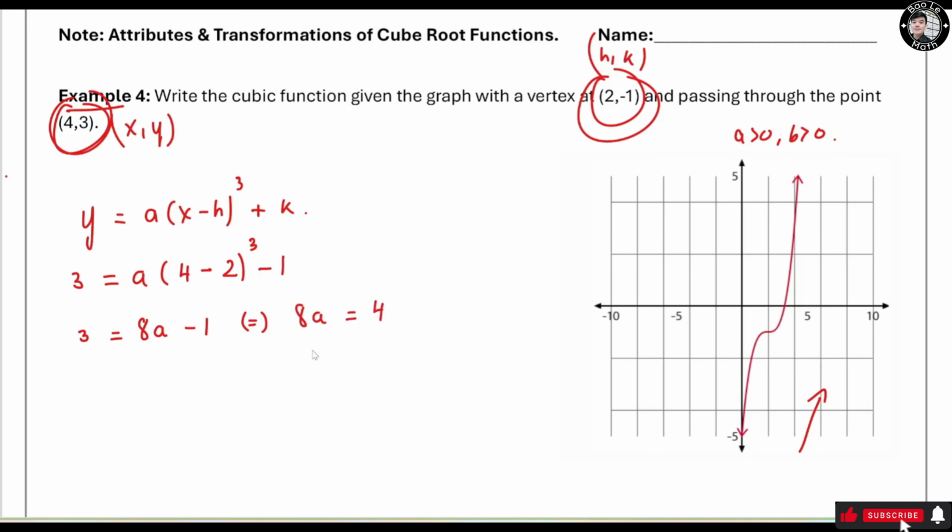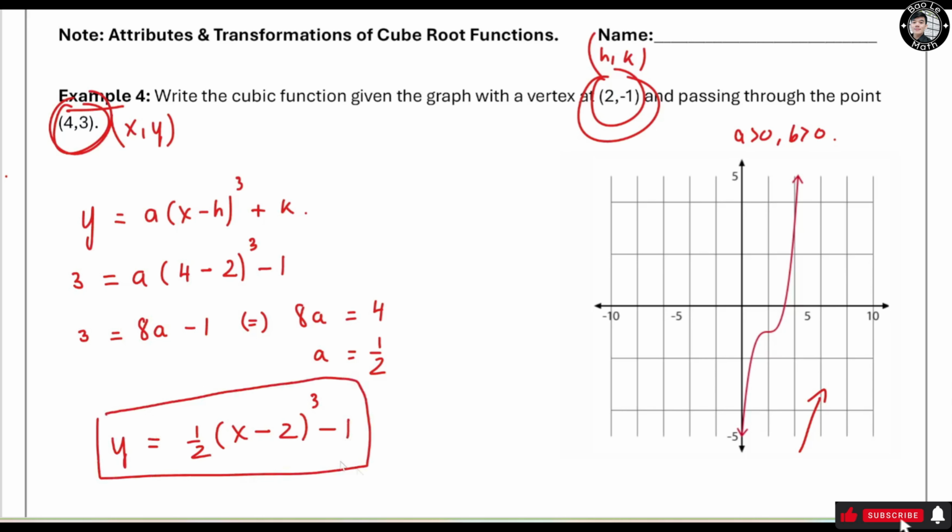Divide both sides by 8, a equals 1/2. We substitute back over here, so we have the equation y equals 1/2 times (x minus 2) cubed minus 1. This one is the final answer.